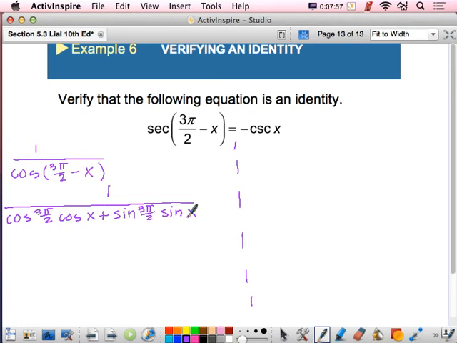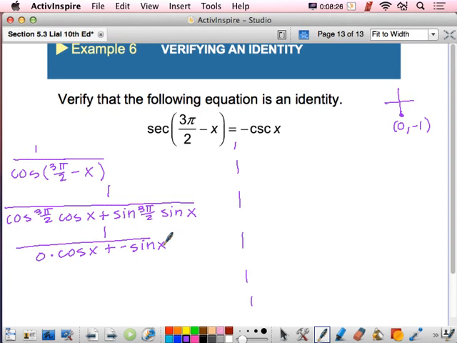It's the same as how many degrees? 270? So we know some stuff about that. We know that it's the ordered pair 0, -1. So we can fill in the cosine and sine from that. So cosine of 3π/2 is 0. So that really gives me 1 over 0 times cosine of x, which is 0, plus the sine of 3π/2 is -1, so plus a negative sine of x.